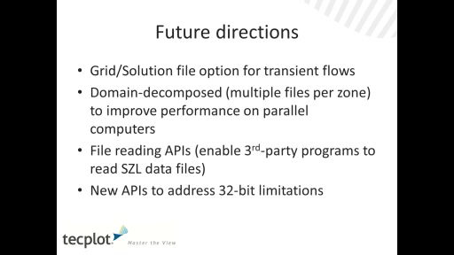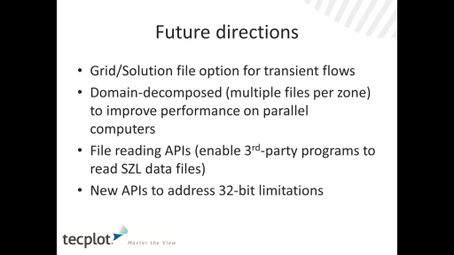For domain decomposed data, as we were talking about a moment ago, this is common with massively parallel simulations. You have an enormous zone, but you break it up into, I think, typically 50 to 200 million cells per calculation node.